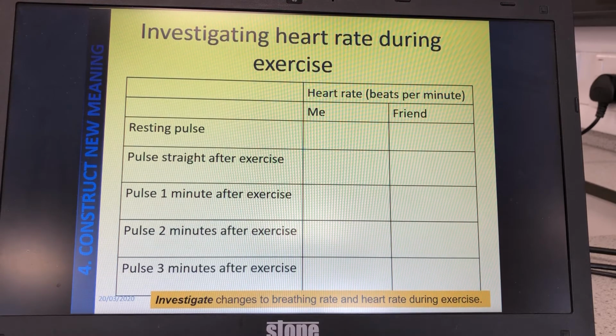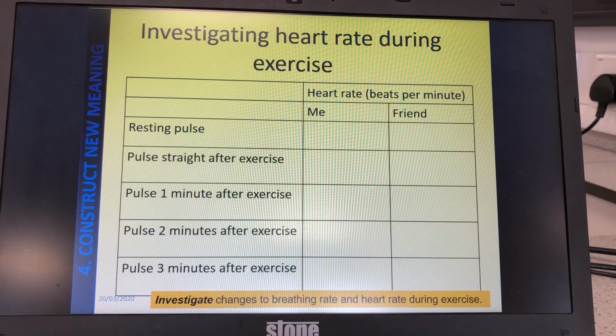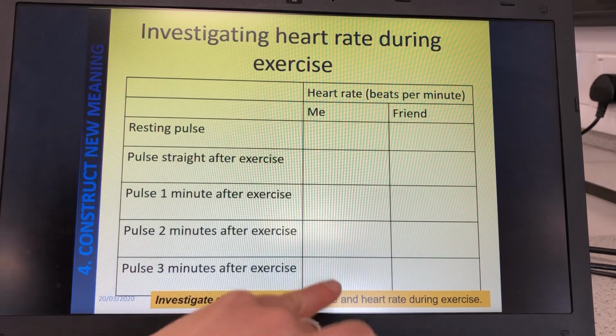In 5 seconds. And go. Count it for 30, doubling when I say. Okay, and stop and double it and add that to your final box just down here.